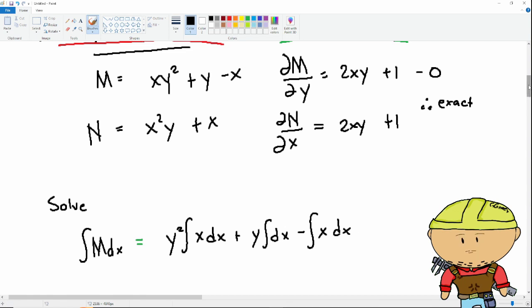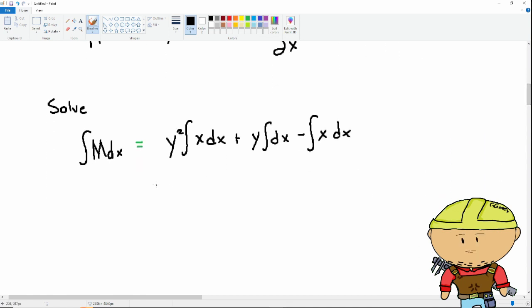Then integrating, y squared x squared over 2 plus yx minus x squared over 2 plus f of y. We add f of y denoting the y terms that disappear. Basically, this is the integration of the left side.